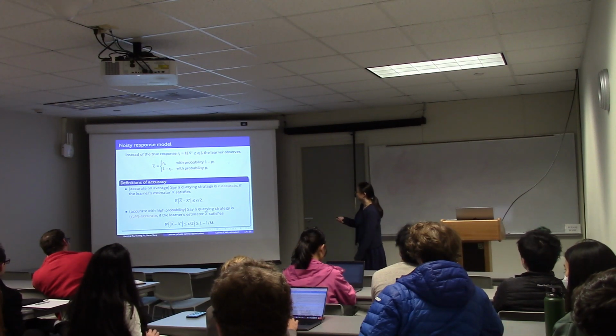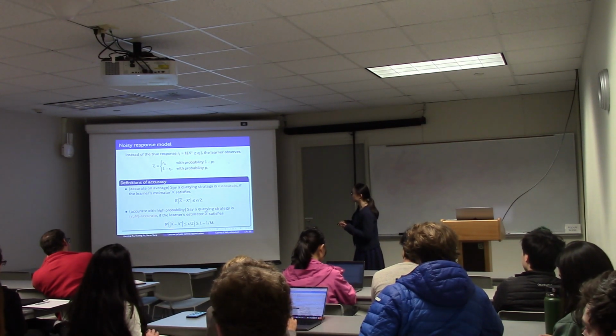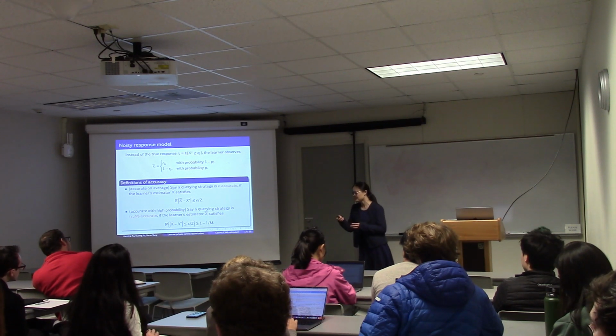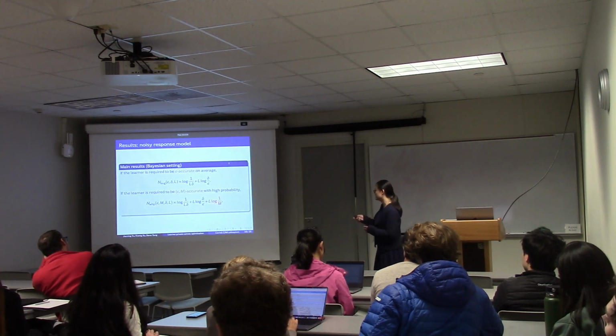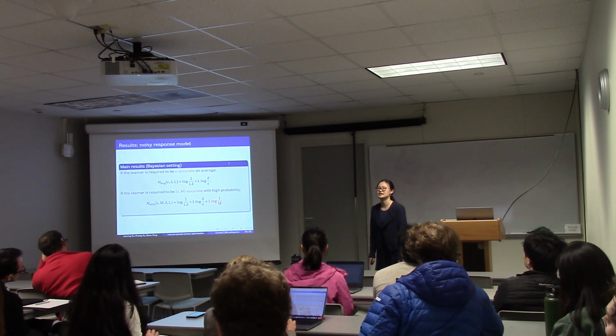So we come up with 2 different notions: one is the learner is accurate on average, or the learner is accurate with high probability. For both notions, we're able to characterize the optimal query complexity in terms of all the parameters. And our bounds are all accurate up to multiplicative constants.